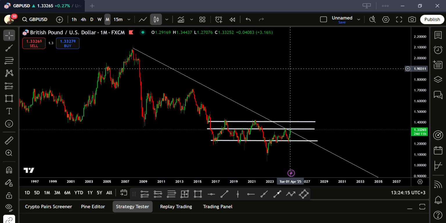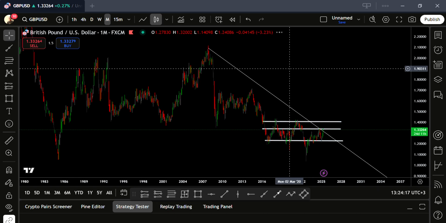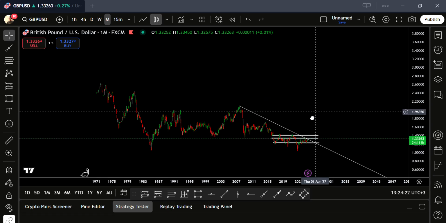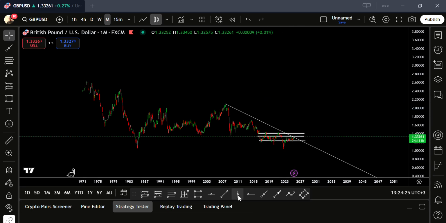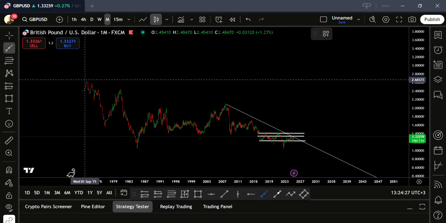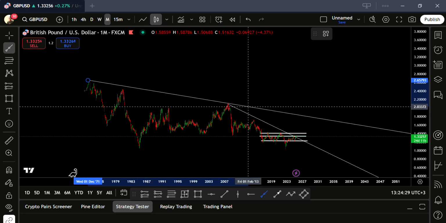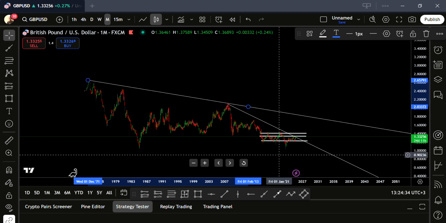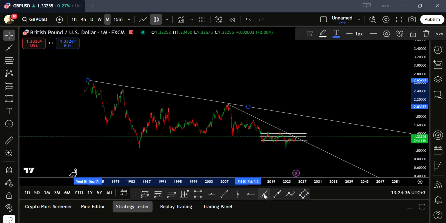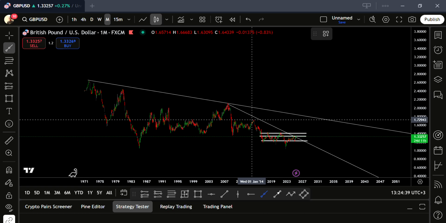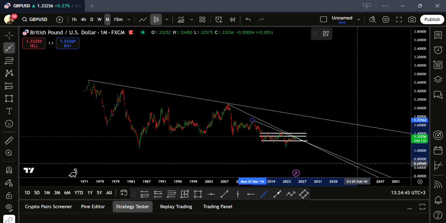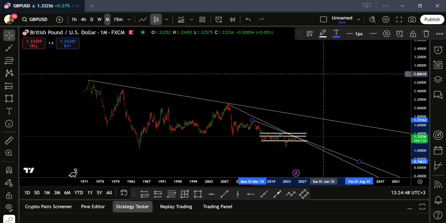Good. So it shows that the market is going into a long downtrend. That is the first trend line. The second one, you're going to start from here and put it there. That is the monthly time frame. The third one, I'm going to start, I think, from here and put it here.